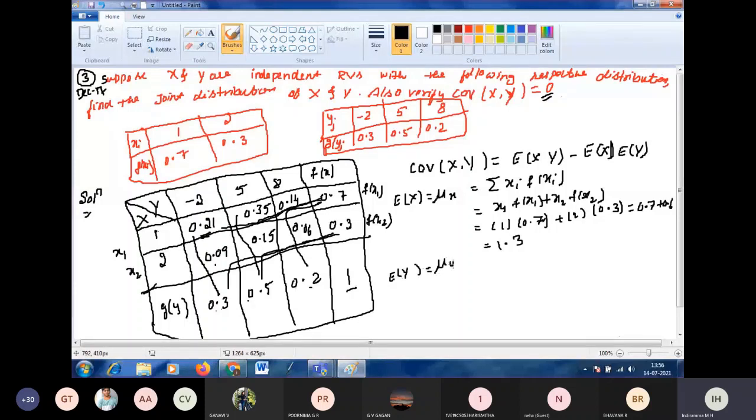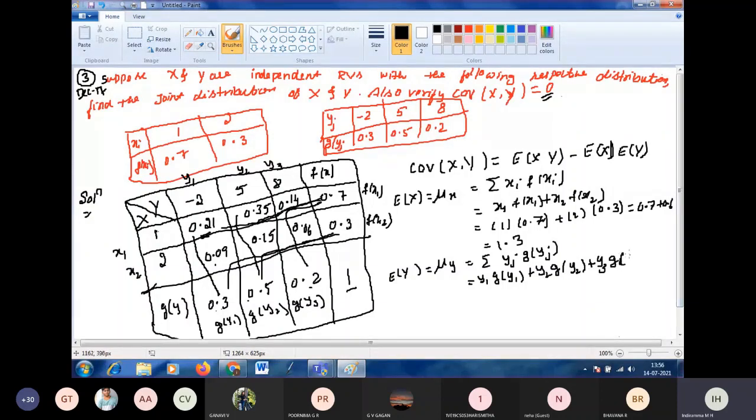Similarly, find the expectation of y. Expectation of y is mu y, which is the summation of yj into g of yj. So we have y1, y2, y3 and g of y1, g of y2, g of y3. That is y1 into g of y1 plus y2 into g of y2 plus y3 into g of y3.